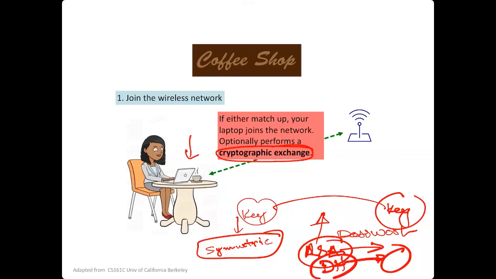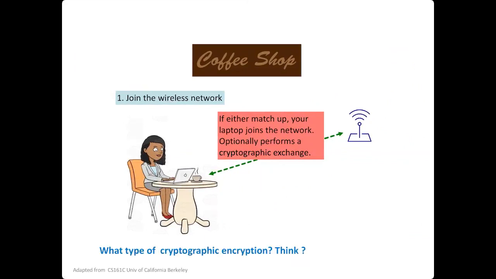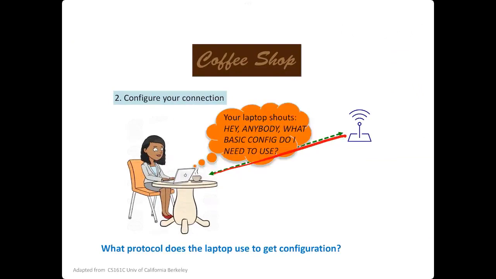This question you need to figure out by yourself. Of course this is symmetric encryption for data transfer, and how keys are exchanged, you'll have to figure out. Okay, fine. So now the connection is set, and what is the next thing that you need?